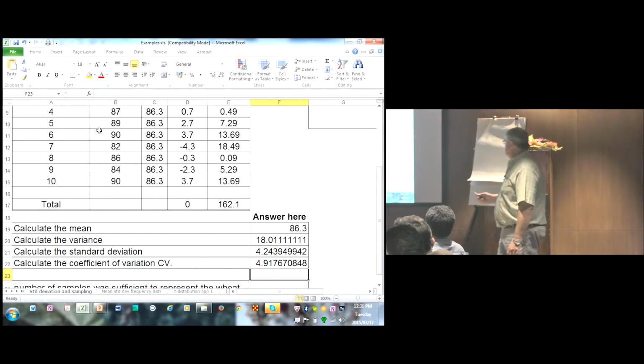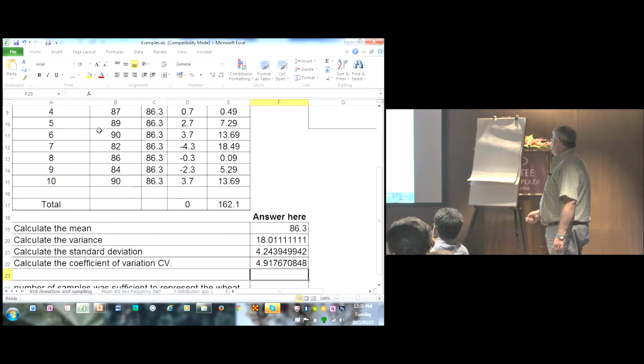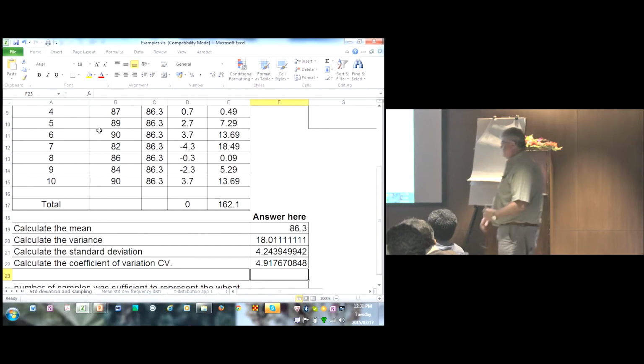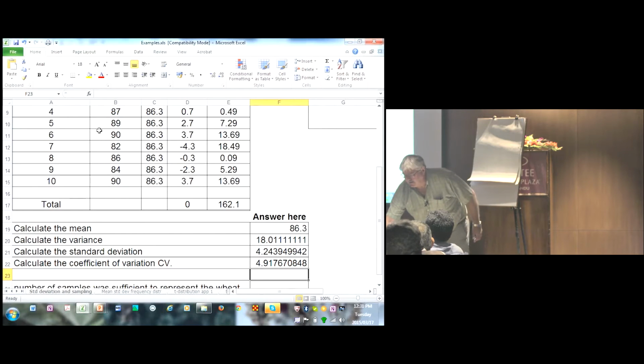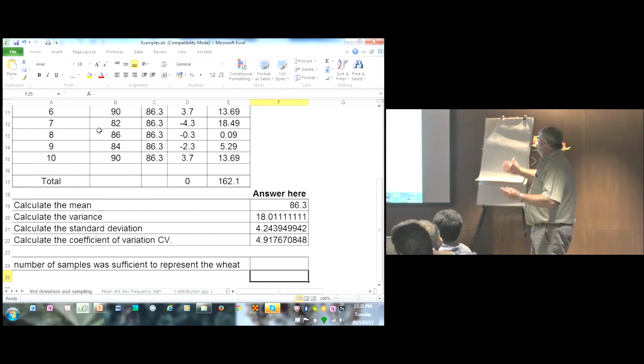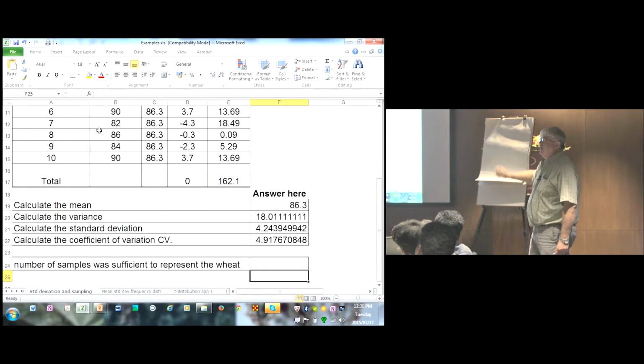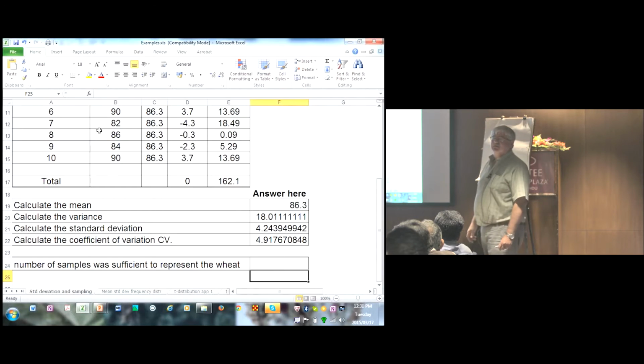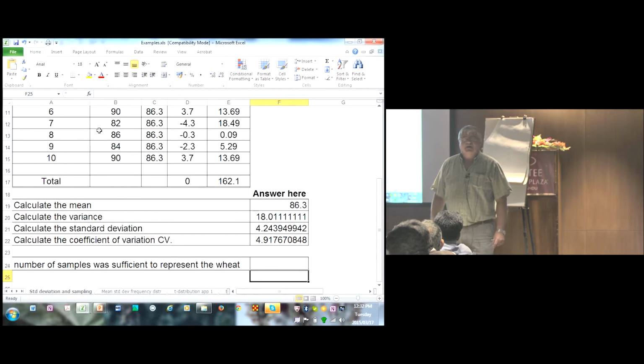So very easily, you can then work out the properties of the normal curve that we discussed yesterday. And it probably takes you longer to put the data in the spreadsheet than to do the calculations.